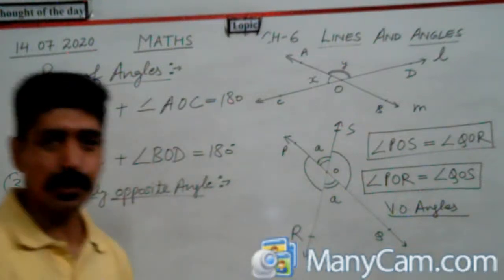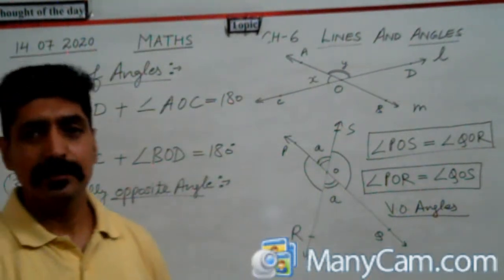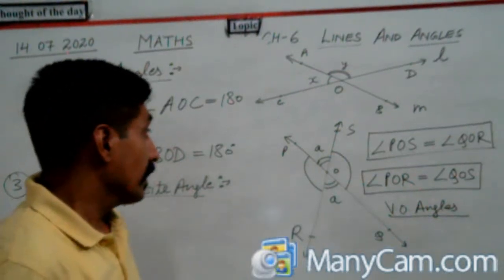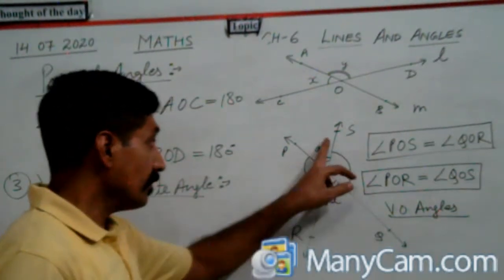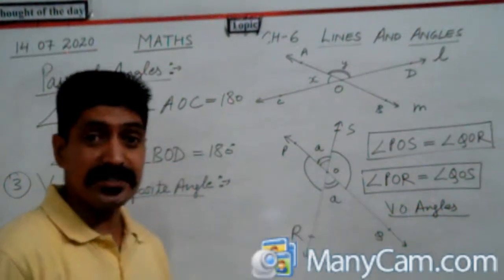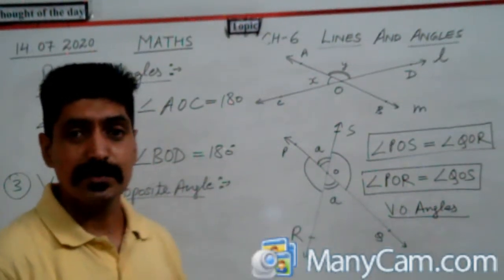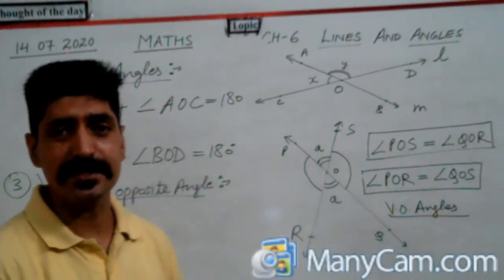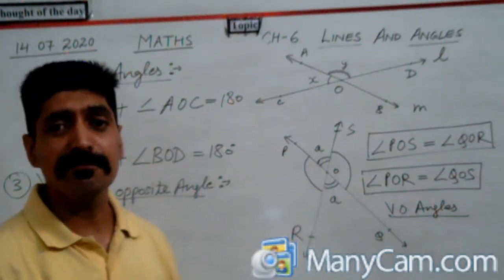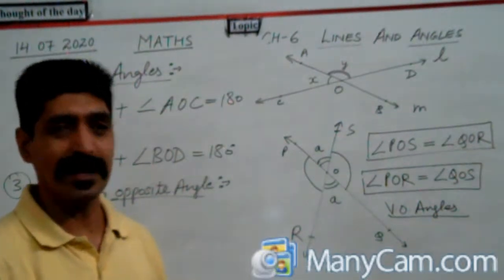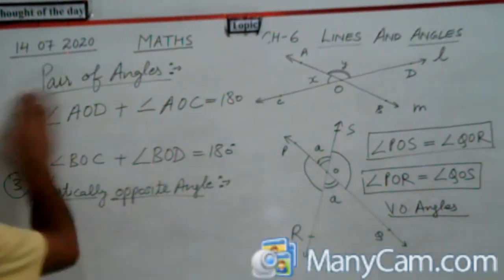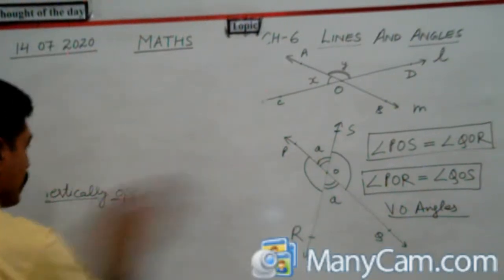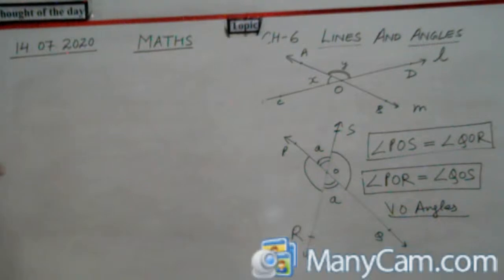Both the angles are vertically opposite angles. So a very important question is there: prove that the vertically opposite angles are always equal. We will again apply the reasoning here, and this question in examinations sometimes comes for 3 to 4 marks. What is the intent of the question? Prove that vertically opposite angles are always equal, right?